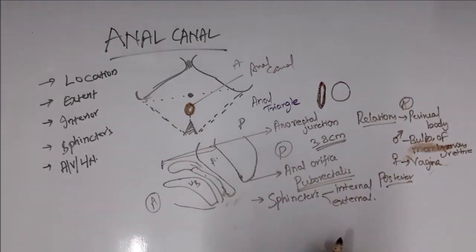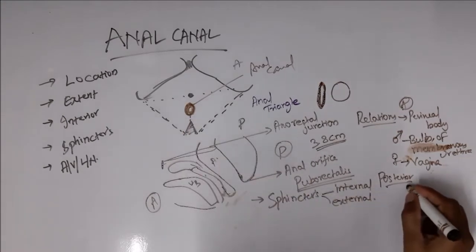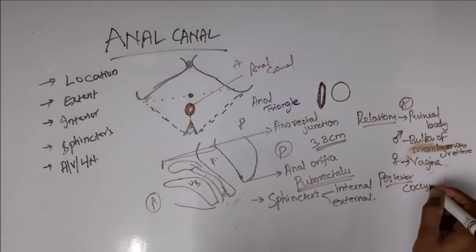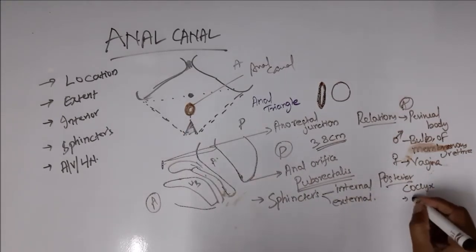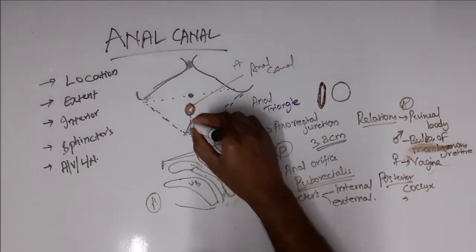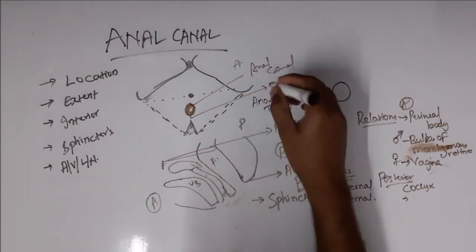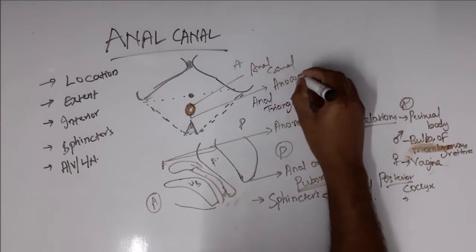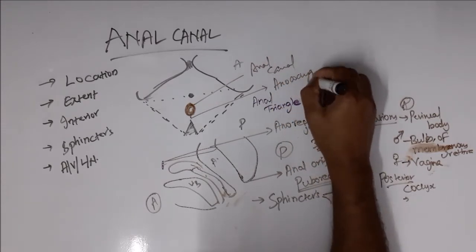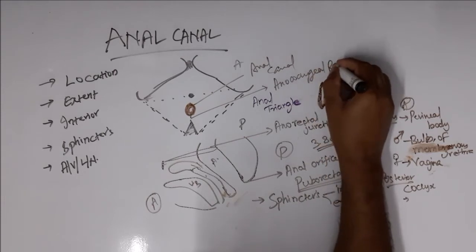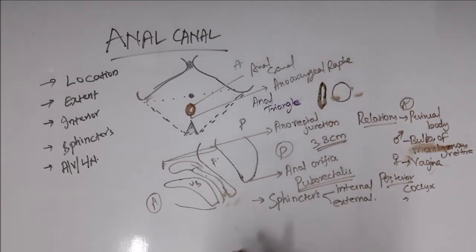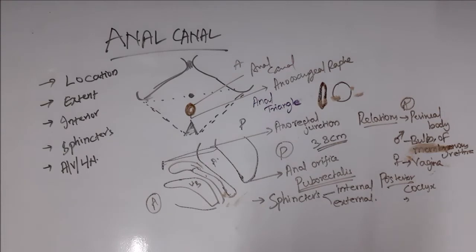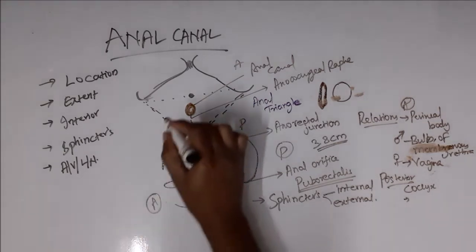Posteriorly, what you find in this diagram is the coccyx, and attaching this coccyx with the anal canal there is a raphe called the anococcygeal raphe. So that is the posterior relation. Then what is that space on either side of this anal canal?